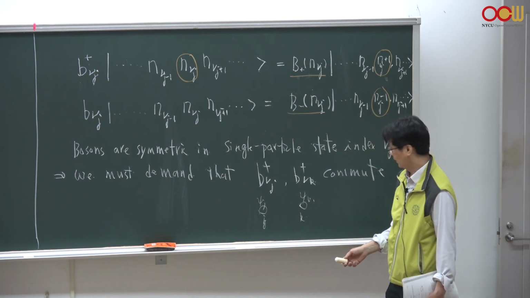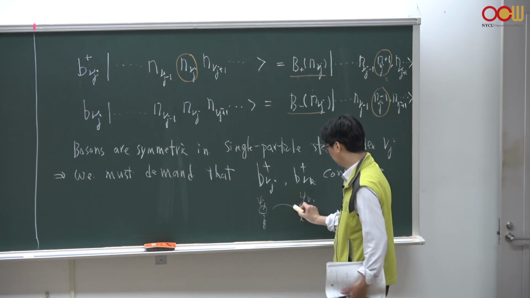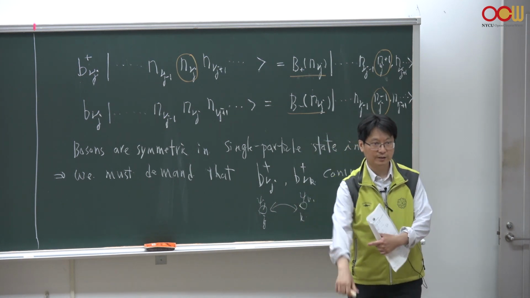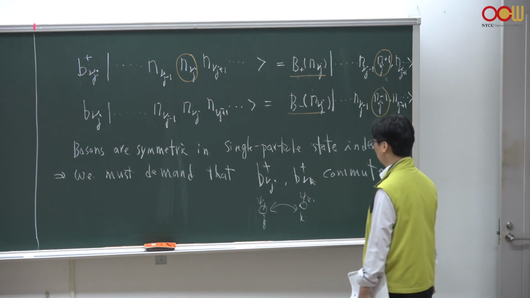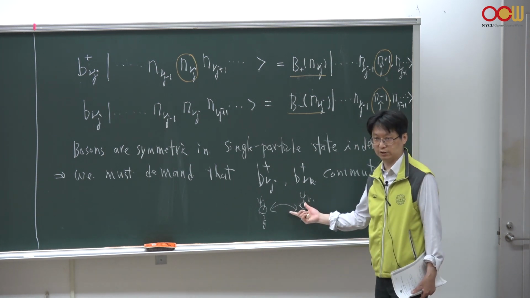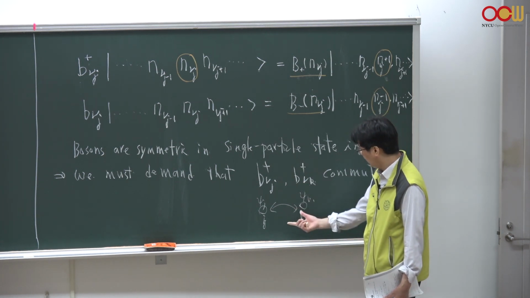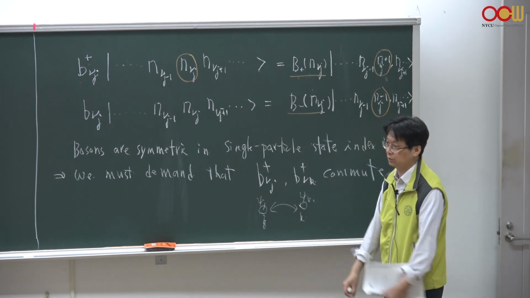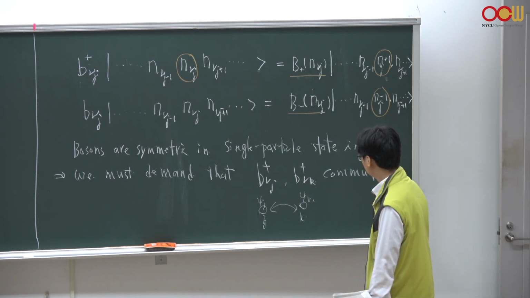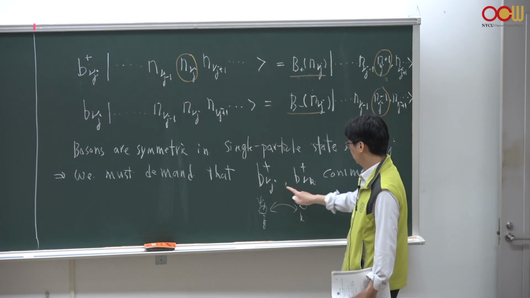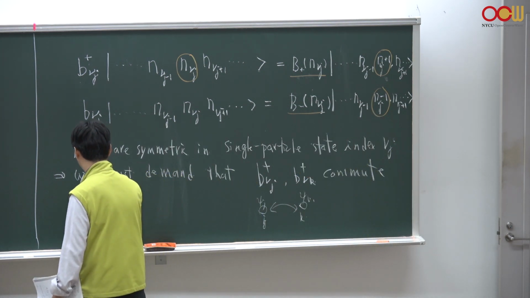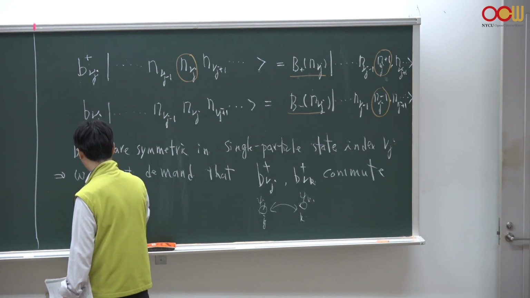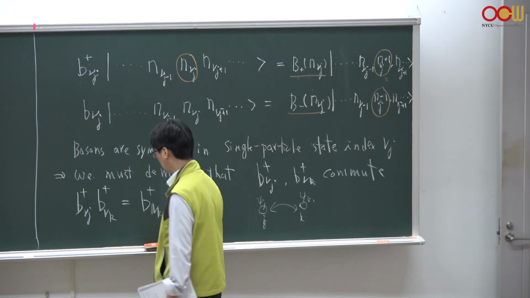I could exchange these two wave functions and get the same wave function because they are symmetric under exchange. We should obey the symmetric properties of two-boson wave functions. As a result, these two operators should commute, meaning if I exchange the order of the two creation operators, I get the same result.